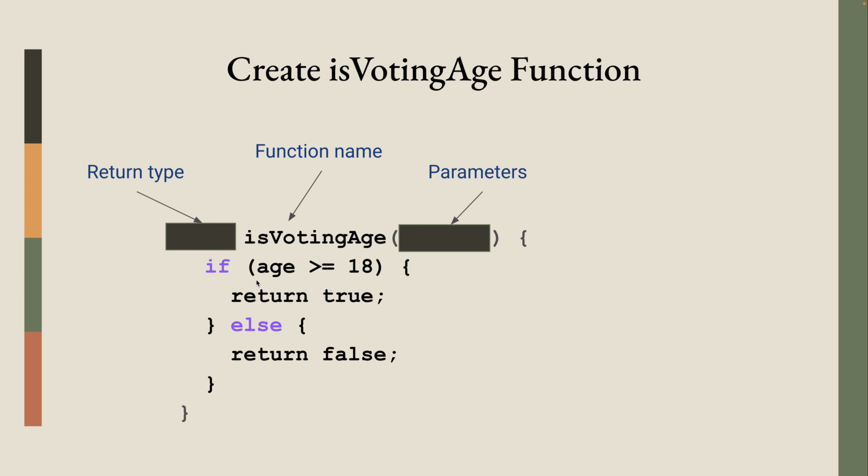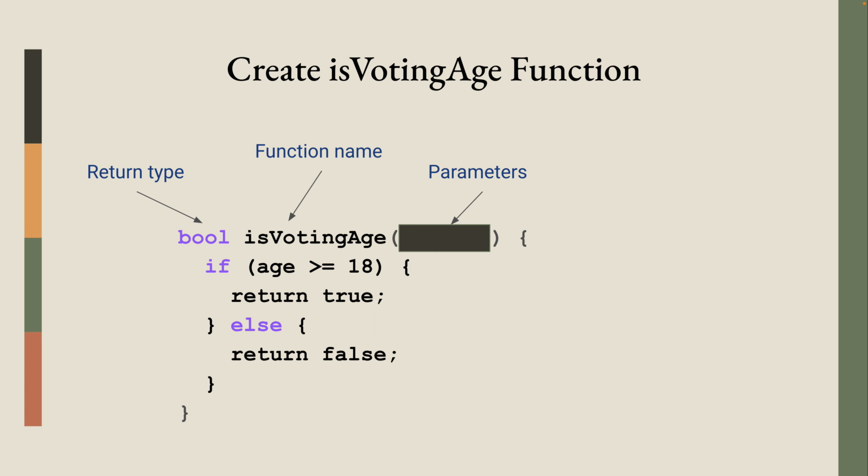Okay. Last class you all created a function called isVotingAge. In this problem, we ask the user for their age, and then we return true or false based on whether they're old enough to vote or not. So what would be the return type for this problem? Okay, a bool, because we're going to be returning true or false. Cool.